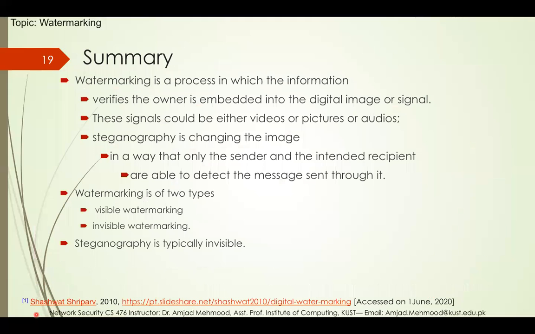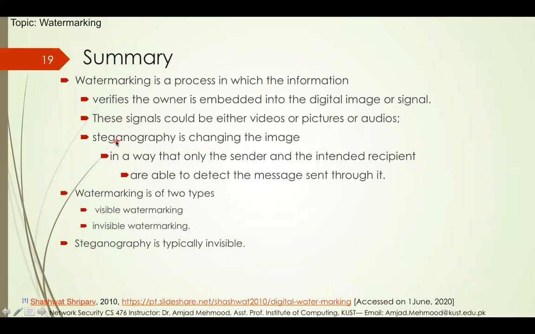Now, this is the summary. So what is watermarking? Watermarking is a process in which information verifying the owner is embedded into a digital image or signal. This signal could be video, picture or audio.